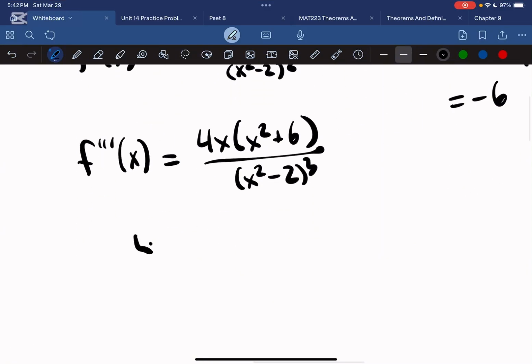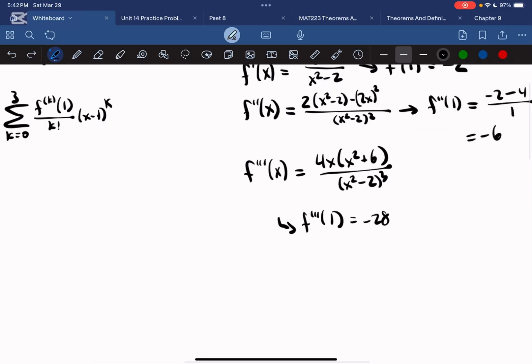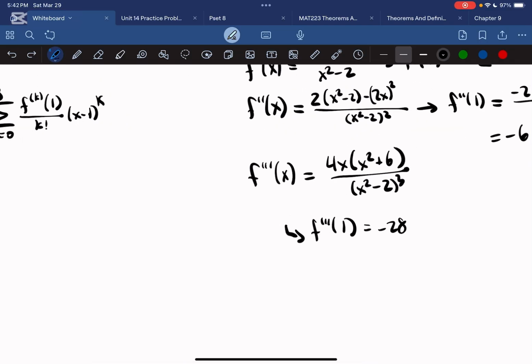And then the book allegedly says f triple prime at 1 is -28. Great. These are the values. So this is what we did manually, with the help of the book. You can probably do it on your own, but I don't really want to do that.